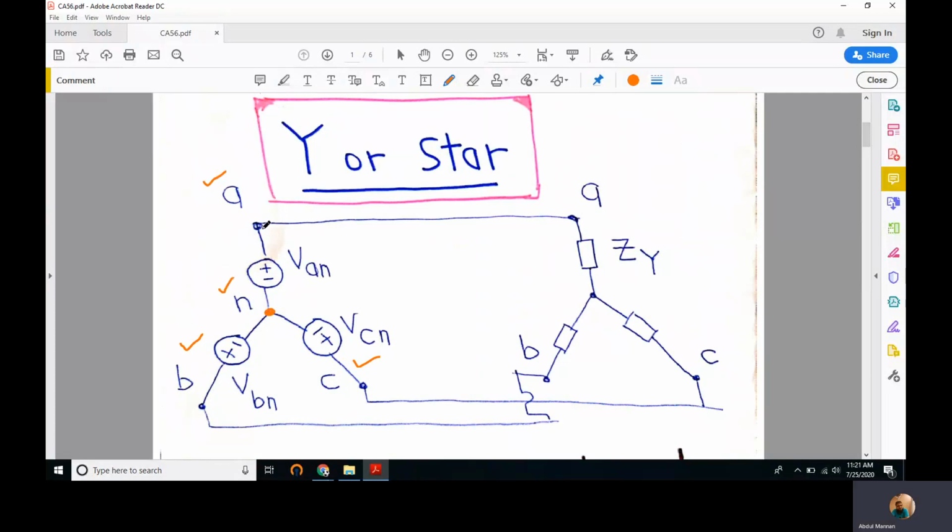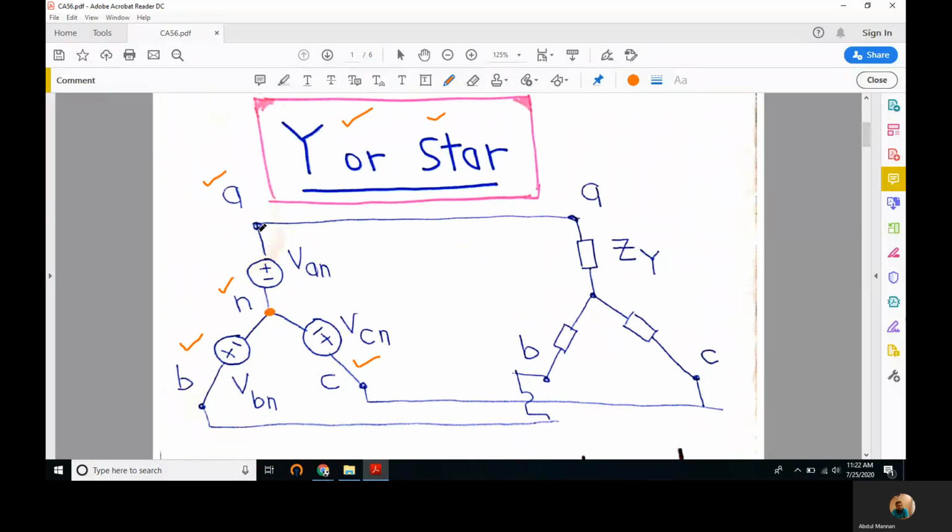So if we put a voltage measuring device, a voltmeter, between A and the neutral, it will measure VAN. Similarly, if the same voltmeter is put between B and N, we get VBN, and the same way we can measure VCN.